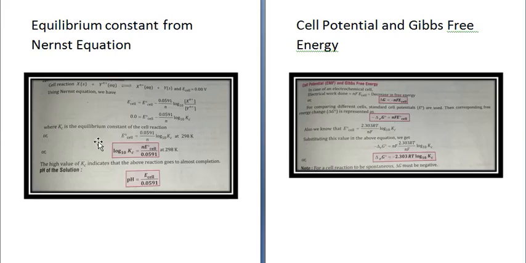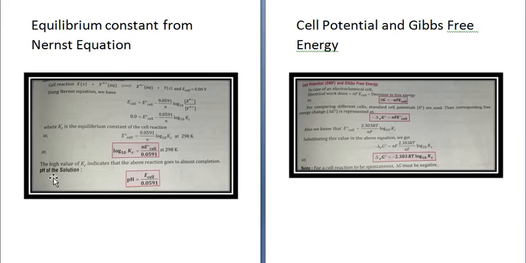Or it can be written as E0 cell is equal to 0.0591 upon n log to the base 10 Kc at 298 Kelvin, or log10 Kc is equal to n E0 of cell upon 0.0591. Simply you have taken the things towards this side at 298 Kelvin. The high value of Kc indicates that the above reaction goes to almost completion.